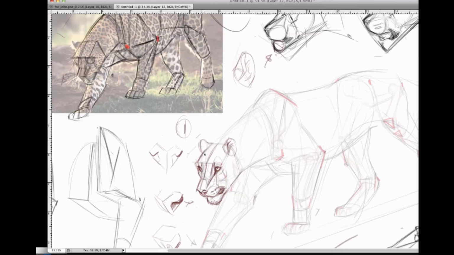And this is a side view, so you're seeing the side of the ear. Once you have that, you can blend this a little more.